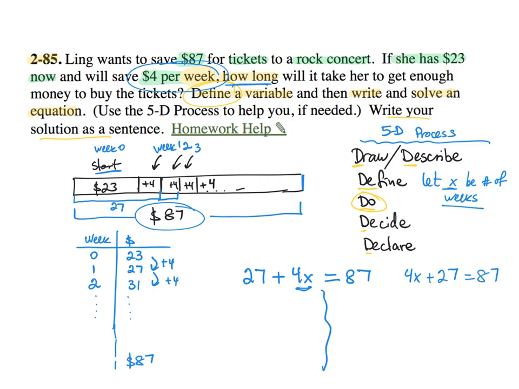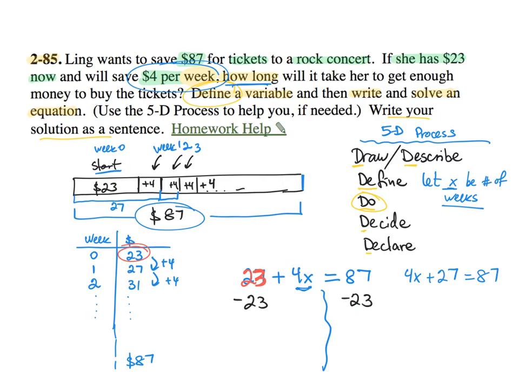Your job is now to solve the equation. I also realized that I wrote 27, but the beginning is 23. So I'm going to go back and fix my mistake. I apologize for that. I'm just going to use a red mark. 23 is the beginning, so I have it in both places. To solve the equation, I'm going to subtract 23 from both sides. I also see it in the picture.